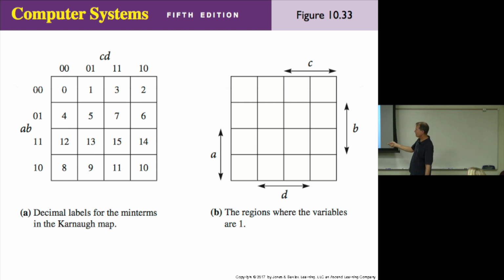The bottom 2 rows are where A is 1, and the middle 2 rows are where B is 1. The right 2 columns are where C is 1, and the middle 2 columns are where D is 1. You're going to have an A, B, C, D.